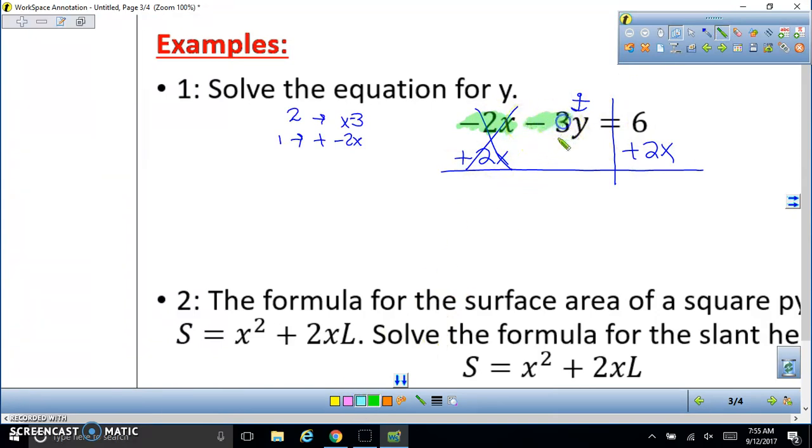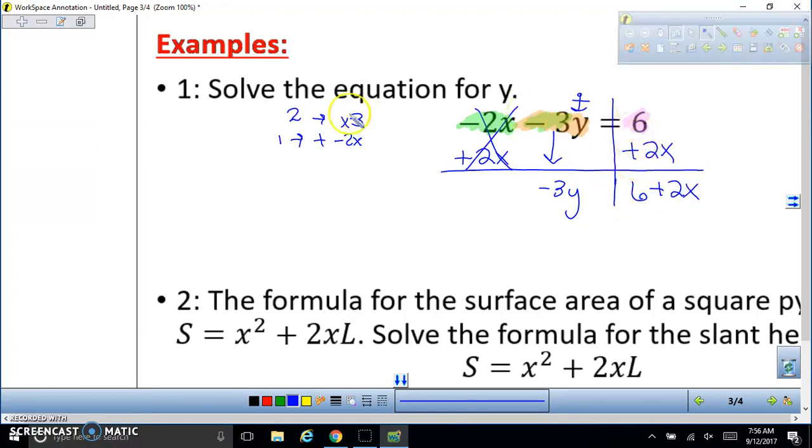This negative 3y has nothing else in common with it. And this 6, there are no like terms here, so don't combine anything. We still have this negative 3y, we still have this 6, and we have this 2x. Don't combine them. So we undid the addition.